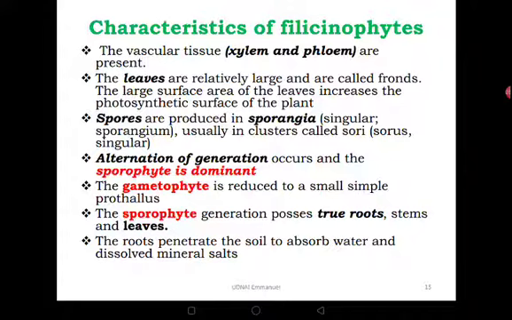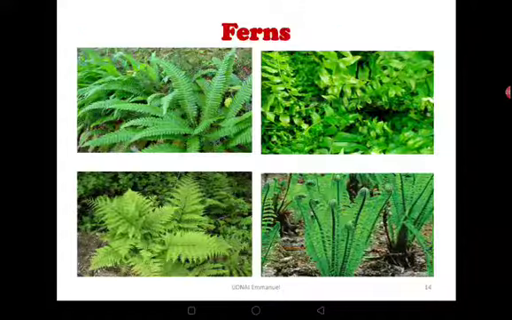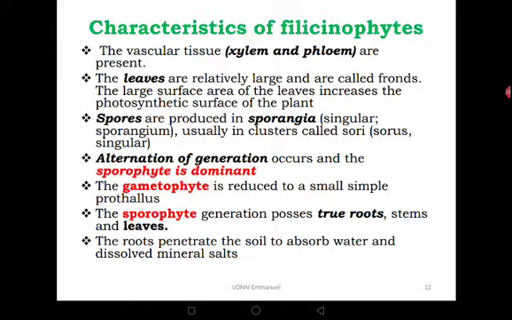The gametophyte is reduced to a small, simple, heart-shaped structure called the prothallus, that we shall see. Then the sporophyte generation possesses true roots, stems, and leaves. You can see from here that at least it has some structures which resemble higher plants.